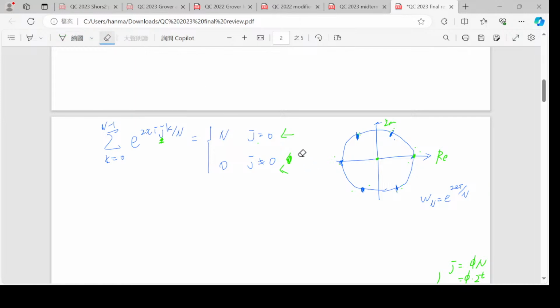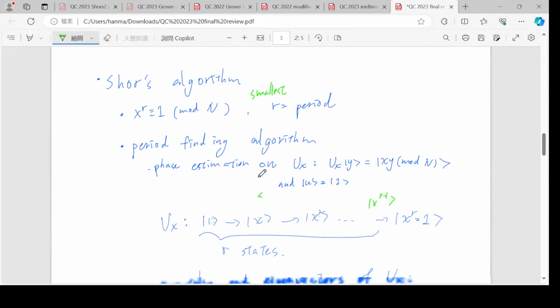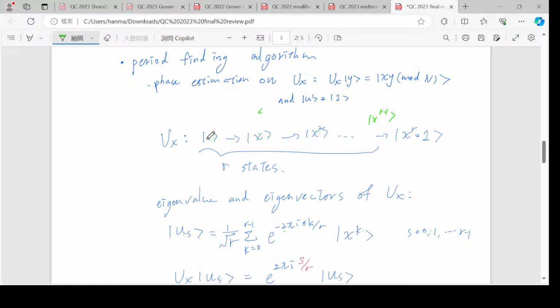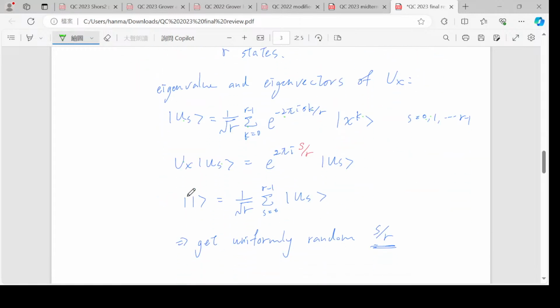Using this relationship, you find that adding all those us together gives just the first component. The first component keeps adding together, and all other components have those Fourier phases, and they will cancel out. Okay, so |1> is actually a uniform superposition of all those us.